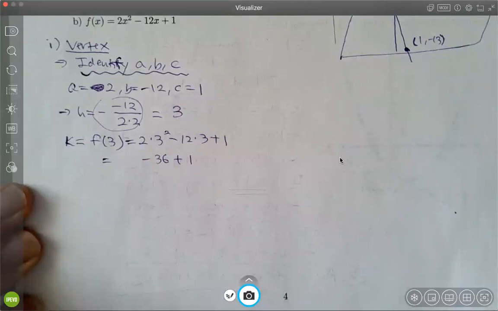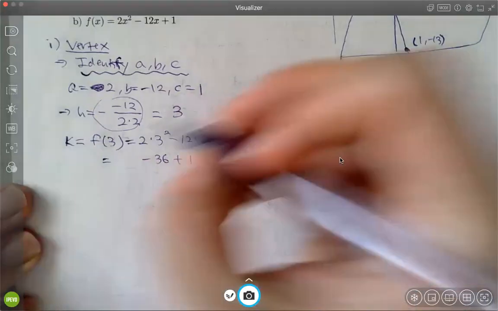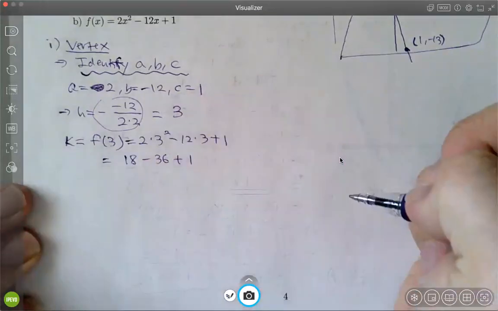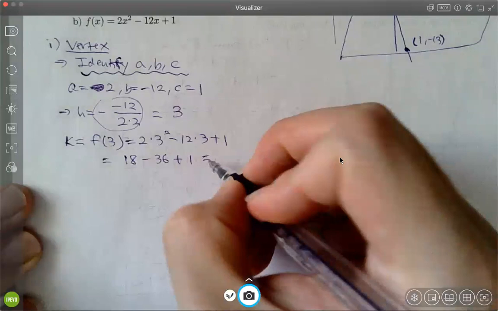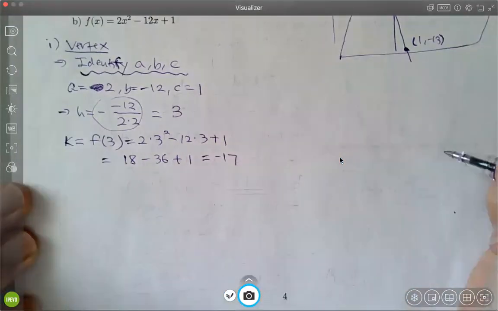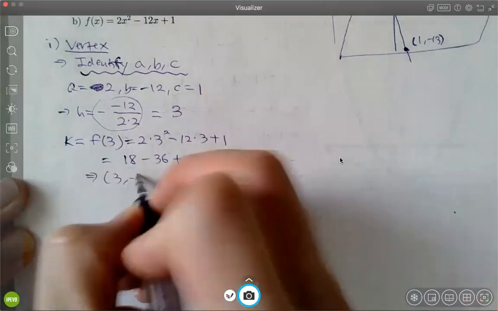Yeah, it's 2 times 9, not 6 squared, right? Okay, so 18 minus 36 plus 1, so what is this? Negative 18 plus 1, so that's negative 17, right? Okay, so the vertex is at 3 comma negative 17.